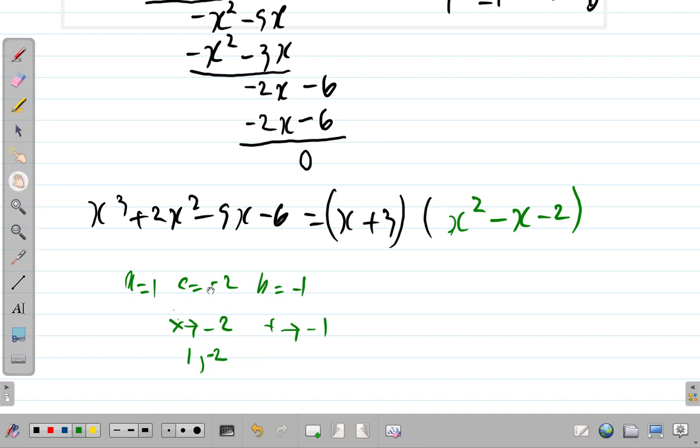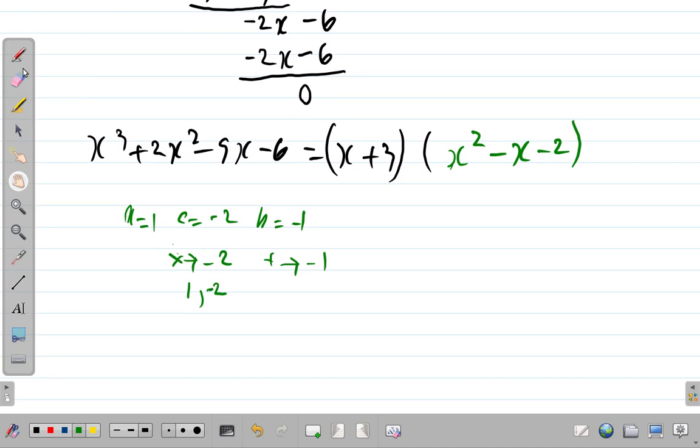So to factorize the quadratic expression here, at one end you have x squared, at the other end you have -2. In the middle, you split the minus x into positive 1x minus 2x. Factorize the x squared plus x. You have x outside the bracket, x plus 1 inside the bracket. You factorize -2x minus 2.